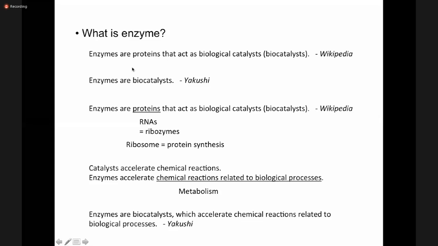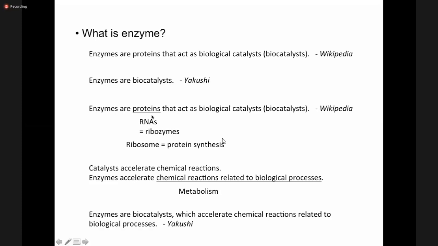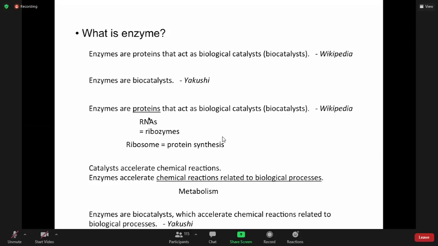So therefore, I don't like to say enzymes are proteins because there is an exception. So I like to say enzymes are biocatalysts. So what is the exception? RNA.